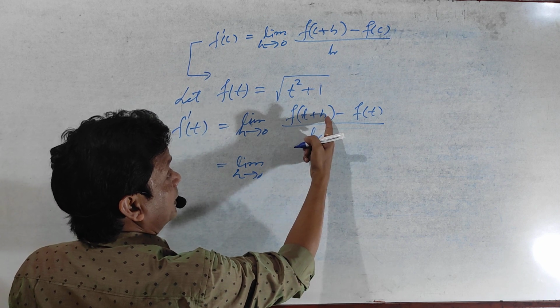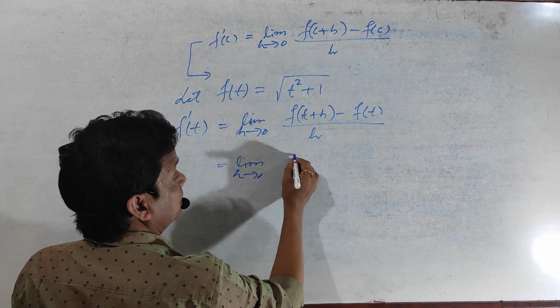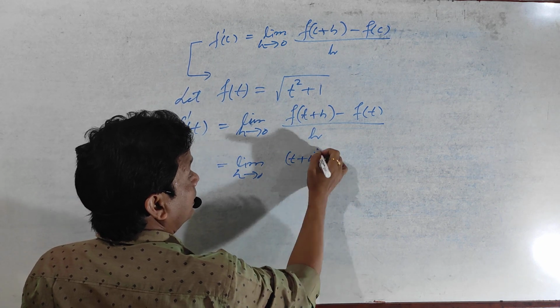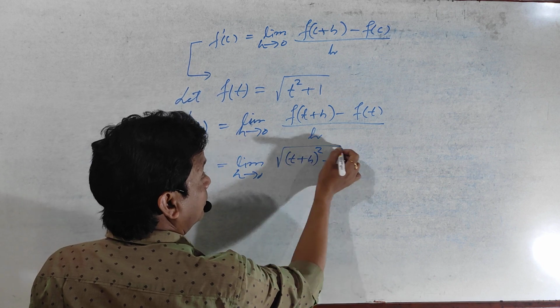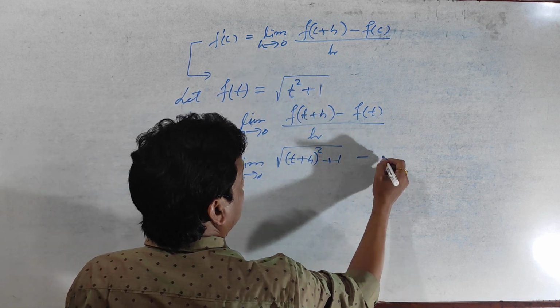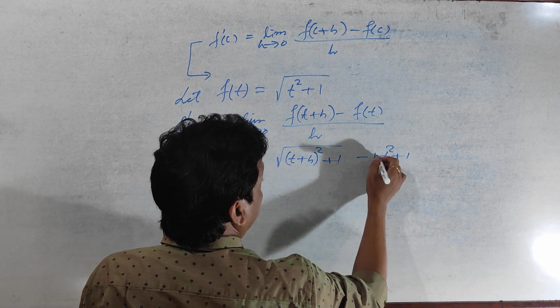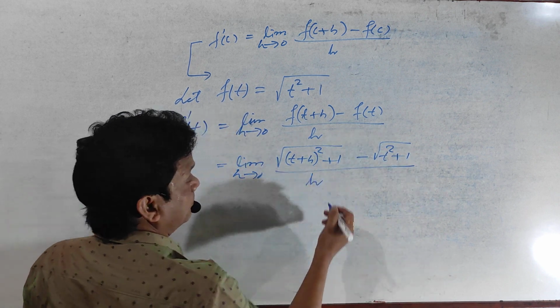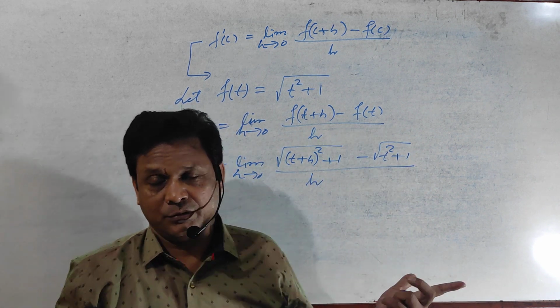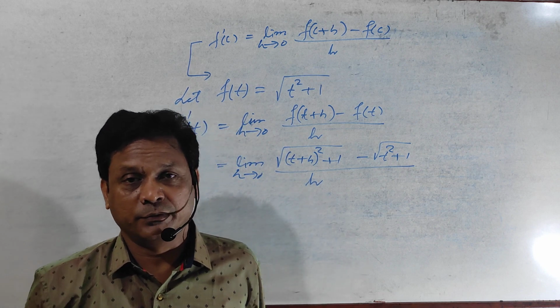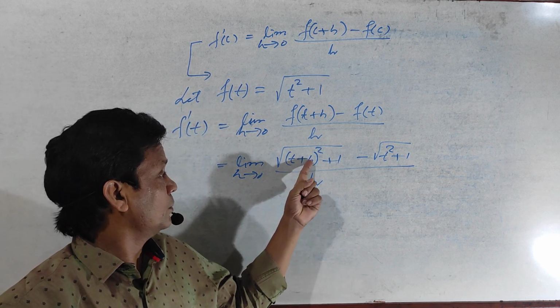F of t plus h, that means in place of t you should write t plus h. T plus h whole square plus 1 root over, minus the original function, t square plus 1 root over, divided by h. See, this is also in 0 by 0 form. Put h is equal to 0.